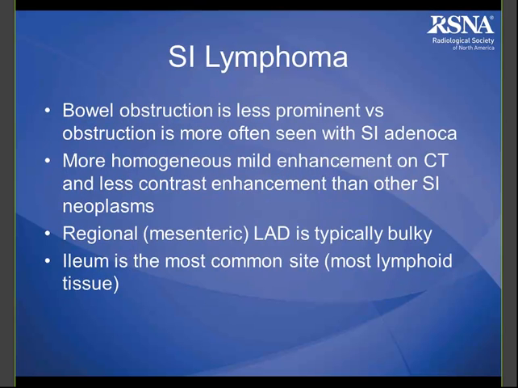Bowel obstruction is less prominent versus the obstruction seen more with the adenocarcinomas. There is more homogeneous, mild enhancement on CT, less contrast enhancement than other small intestinal neoplasms, definitely less enhancement than the carcinoids. Regional mesenteric lymphadenopathy is typically bulky, and the ileum is the most common site because that's where most lymphoid tissue is for the primary small intestinal lymphoma.